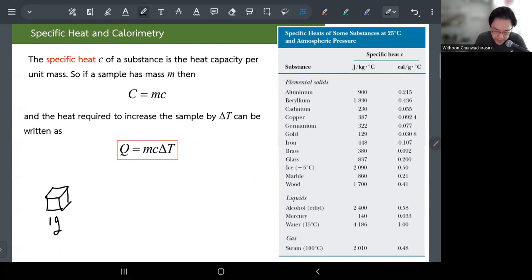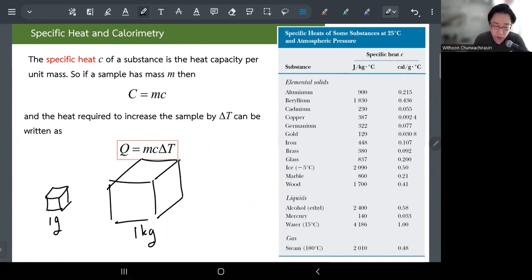But then if I bring in a kilogram of water, it's not drawn to scale here, it's not going to be way bigger than this, but that's the idea. Everyone knows this 1 kilogram will have a bigger C than this 1 gram because 1 gram is so tiny. But then you come up with the question: they're both water, shouldn't they have some parameter related to heat capacity that is the same?